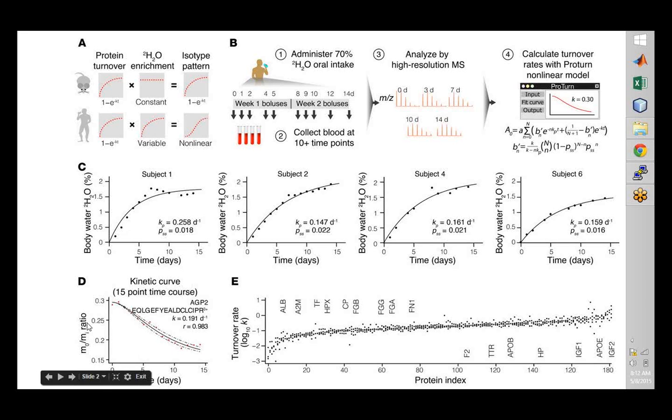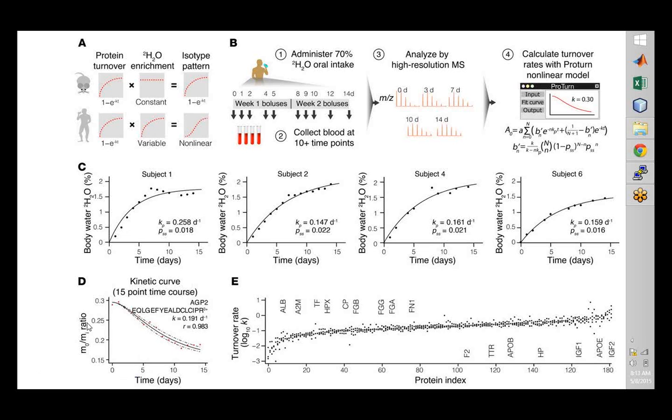So obviously the inputs for ProTurn, we need MZML files for an experiment, and also we need search engine results. And we need a series of those. Well, actually, it can function with just a single time point.